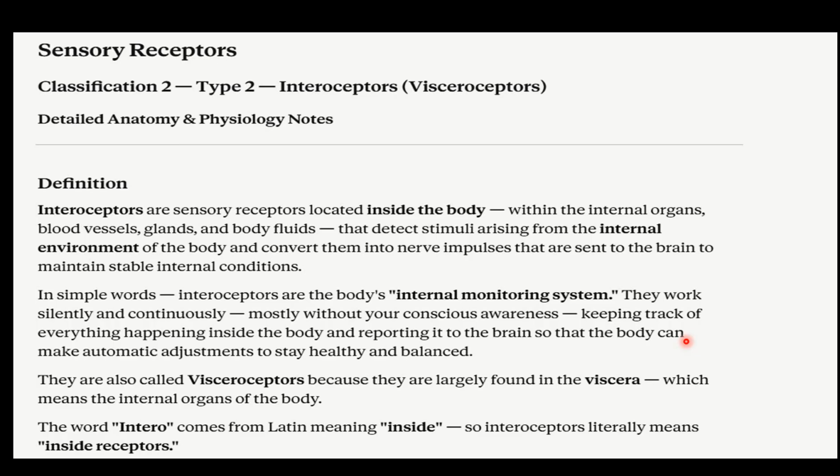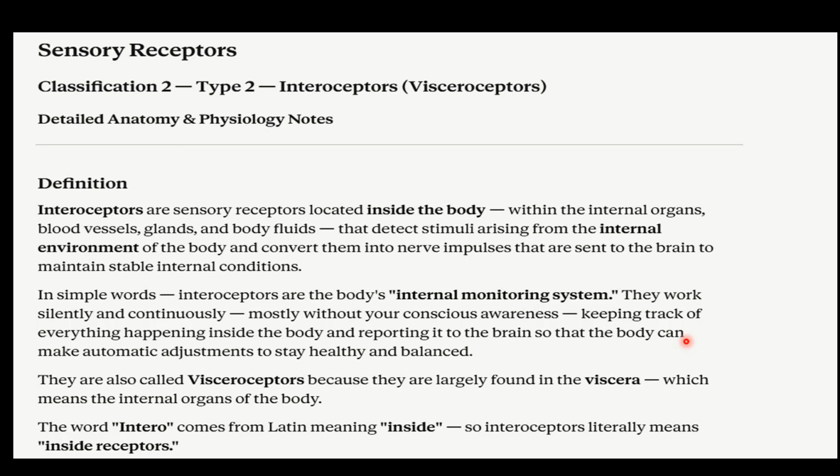Clear? In other simple words, you can say that they are an internal monitoring system. Why? Because they work silently and continuously. Most of the time we don't even get conscious awareness of it, because it keeps track of everything happening inside on its own.